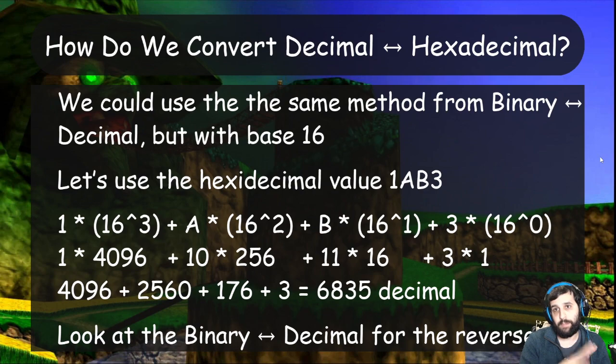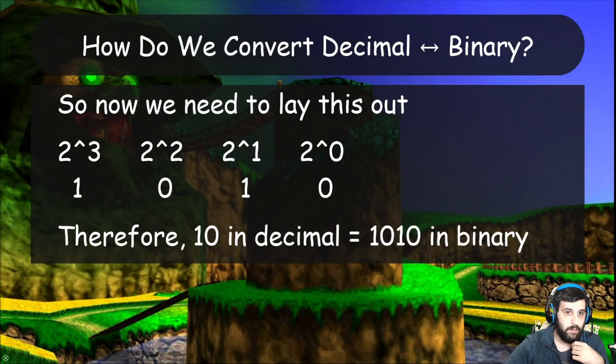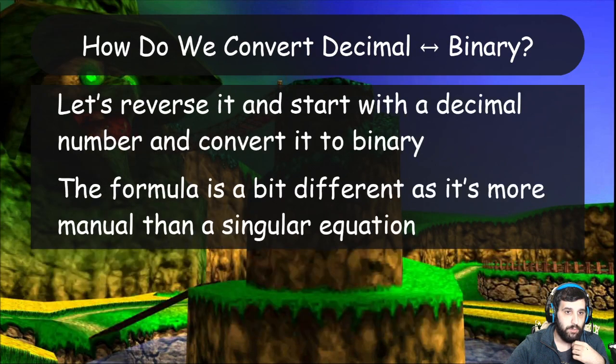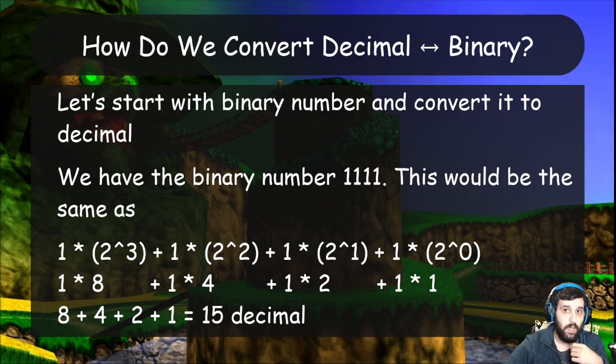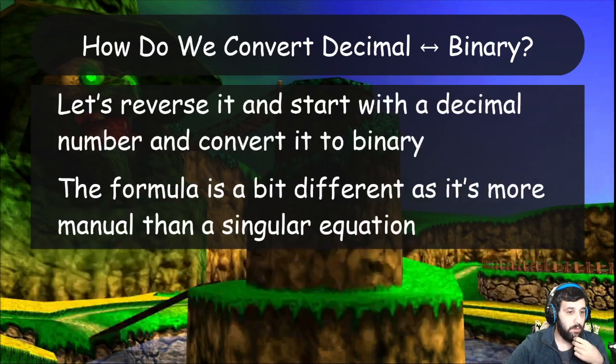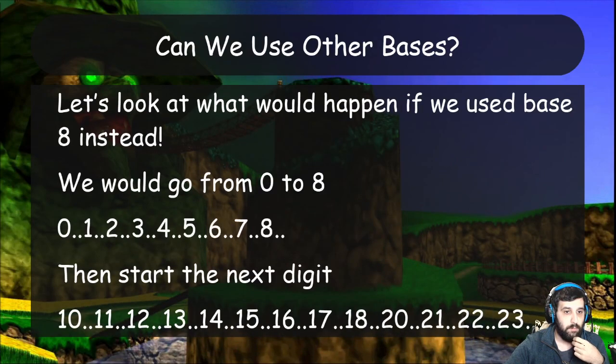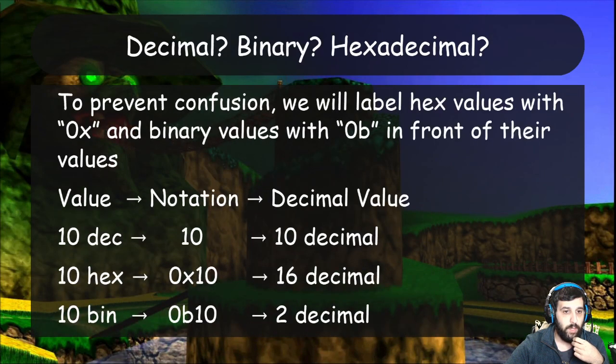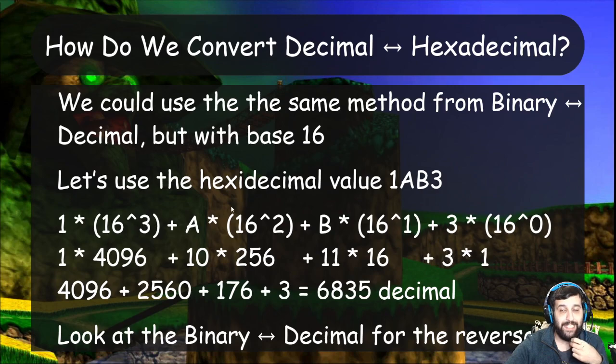Now, how do we convert from hexadecimal to decimal? Fun fact, if I go back a billion slides to here, it's the same formula, except instead of base 2, we are going to use base 16 for hexadecimal.